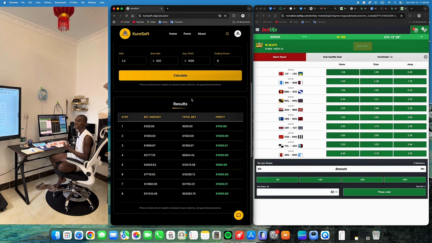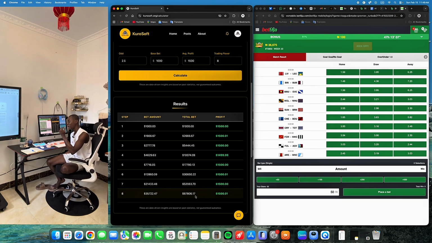But what happens if you are using 1,000 naira to start up your bets, and you are expecting a minimum profit of maybe 1,500 from each win? Automatically, you can see you need 87,806 naira in your account to keep you safe just for 8 times.